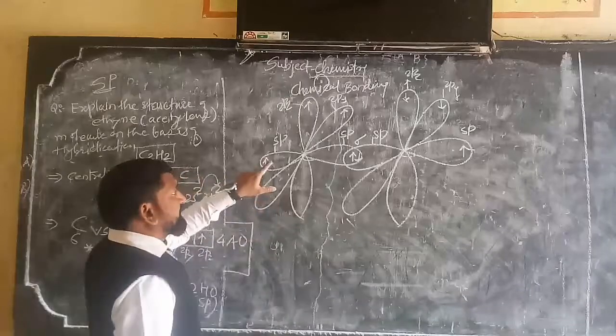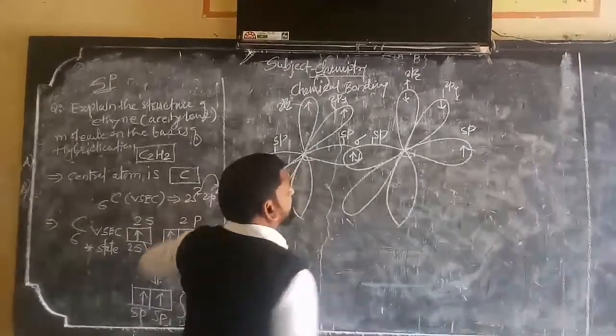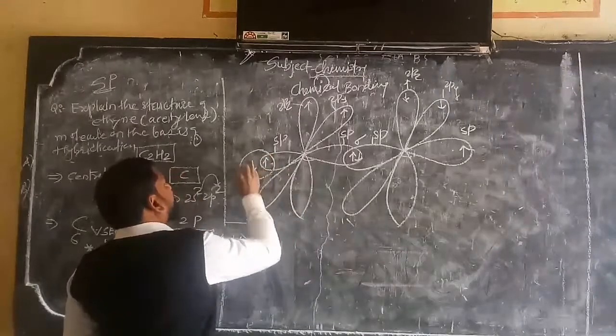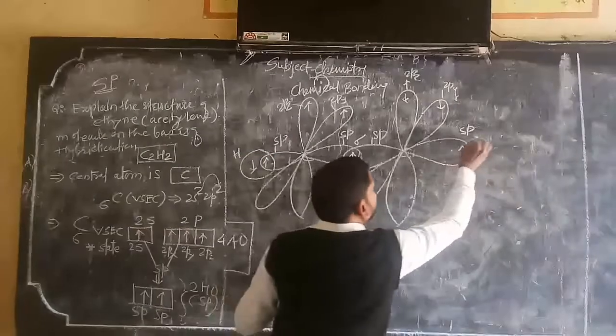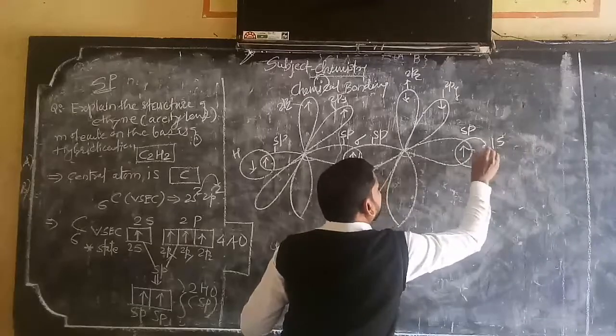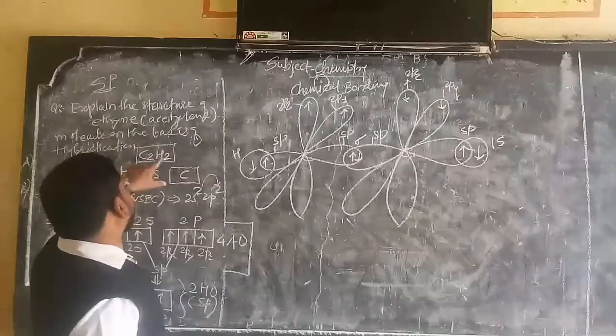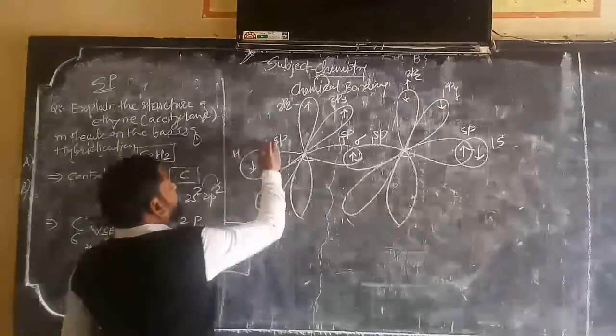Now the remaining sp and sp, what will happen? See here, they will overlap with the 1s atomic orbital of each hydrogen atom. This is not new, you already know very well, just like C2H2, so 2 hydrogens are there, and sigma and sigma bonds will be formed.